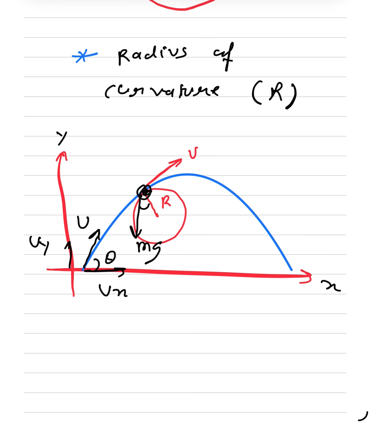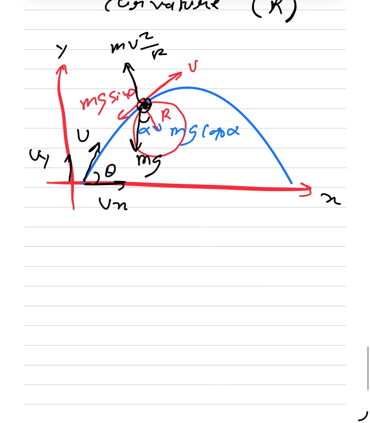Suppose this angle is alpha. The components of the weight are mg cos alpha along the radius and mg sin alpha tangentially. For circular motion, the centrifugal force acts just opposite, away from the center of the circle, and it is m v square divided by r.